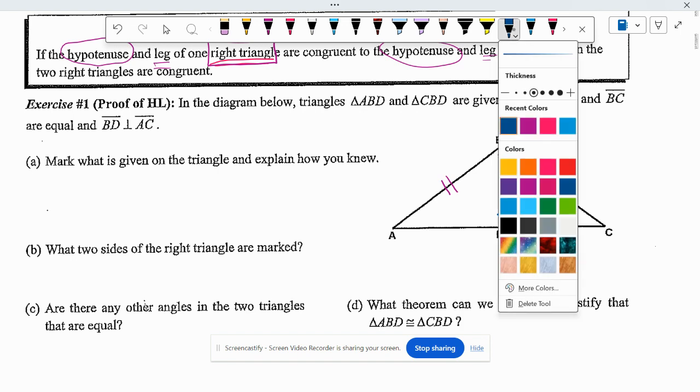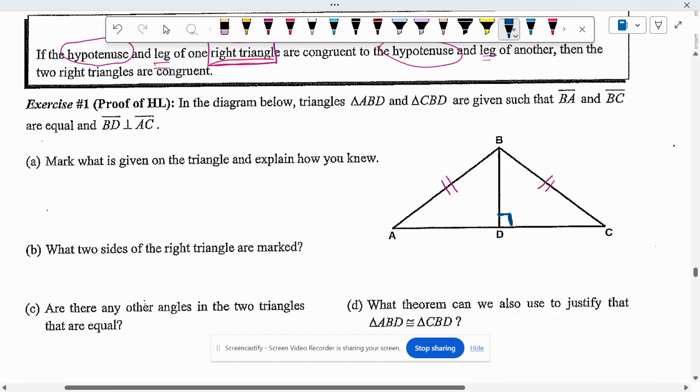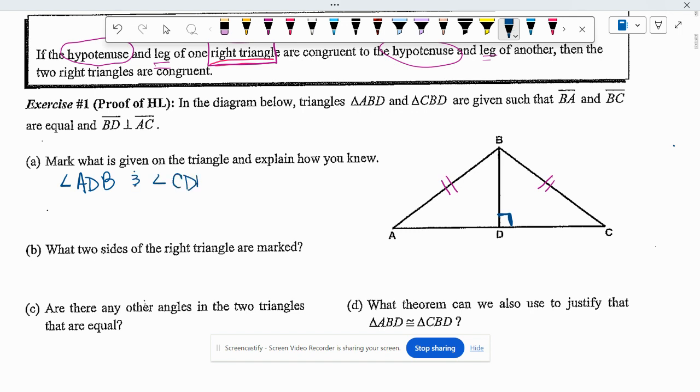Okay. So it says, mark what is given on the triangle and explain how you knew. Well, we know that angle ADB and angle CDB are right angles because perpendicular lines form right angles.